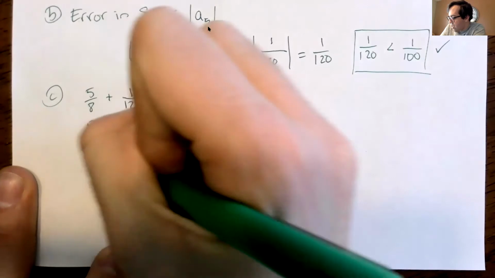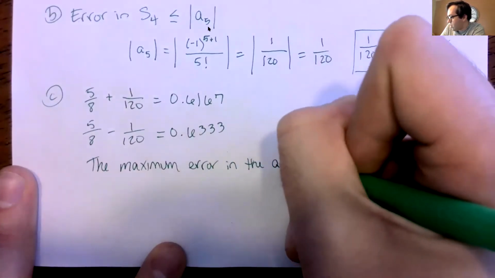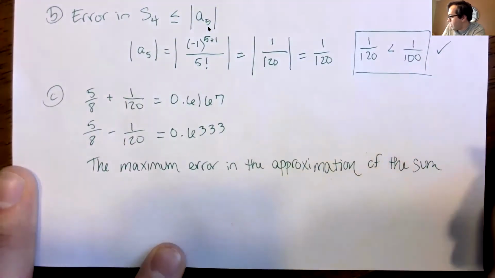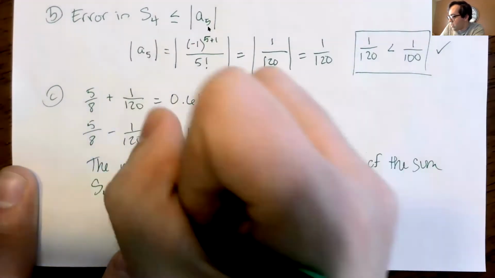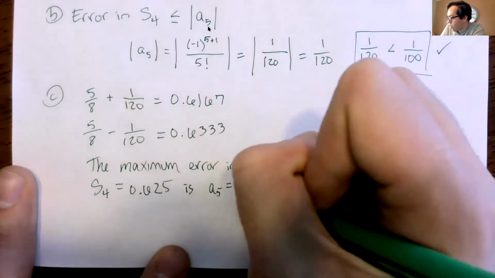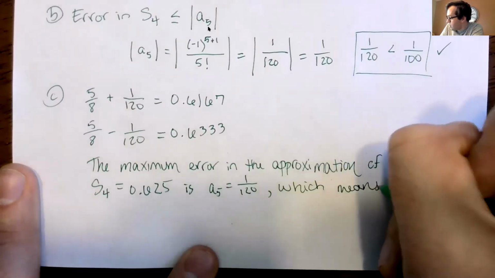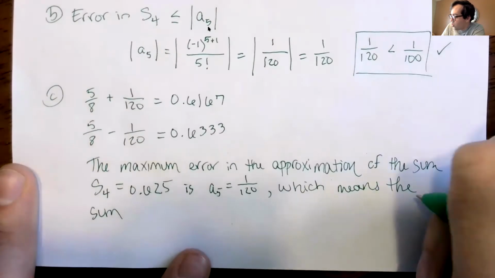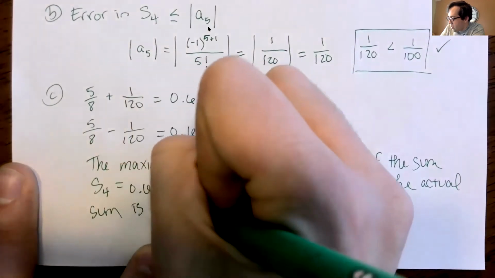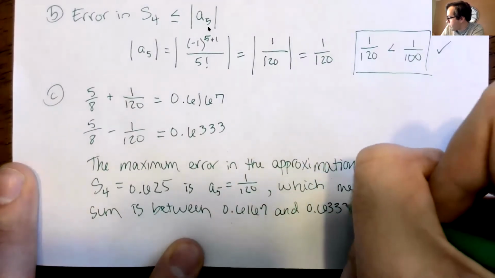I'm going to say the maximum error in the approximation of the sum S sub 4, which was 0.625, is a sub 5, which we said was 1 over 120, which means the sum, or you could say the actual sum, is between 0.6167 and 0.6333.